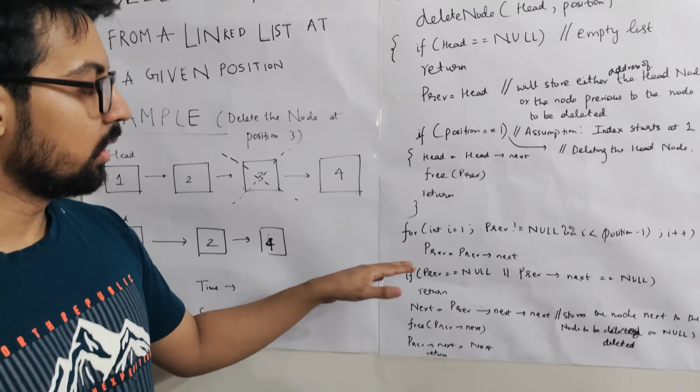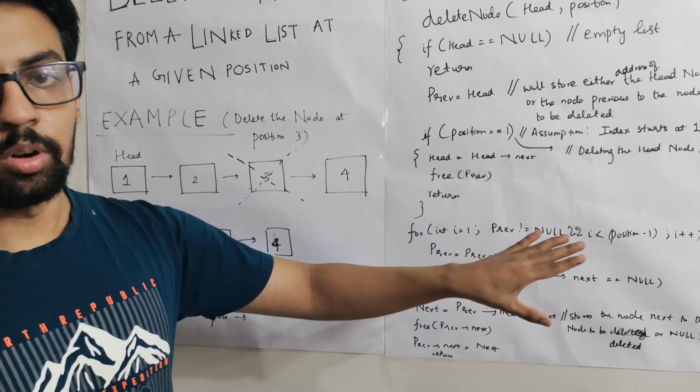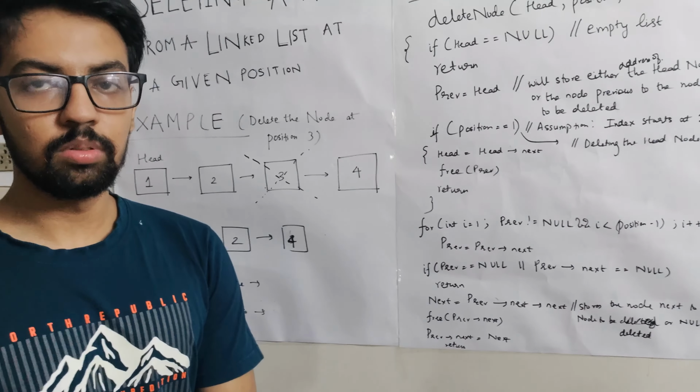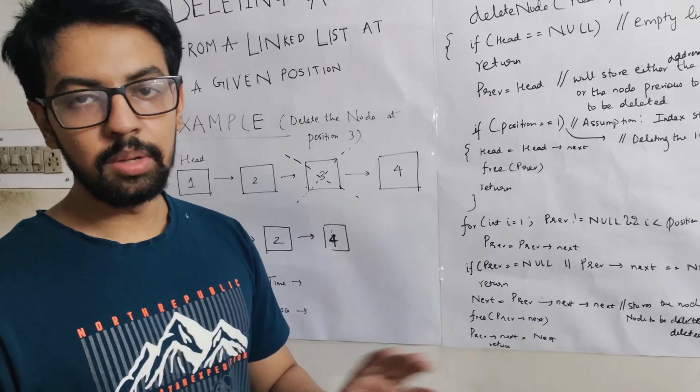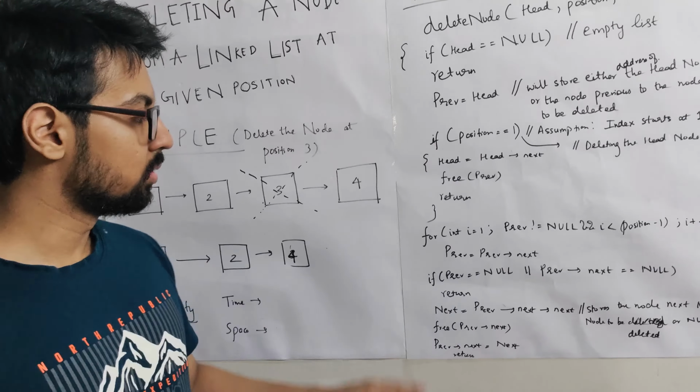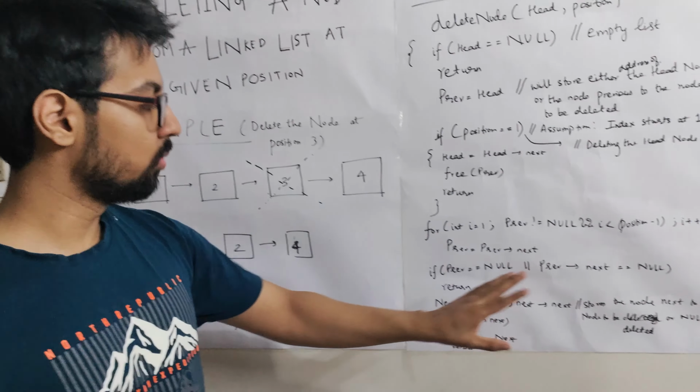What this for loop does is that it will keep moving the previous forward till we reach the position previous to the position of the node to be deleted, and in the meanwhile we also have to make sure that pre will never become null. So the pre keeps moving forward.